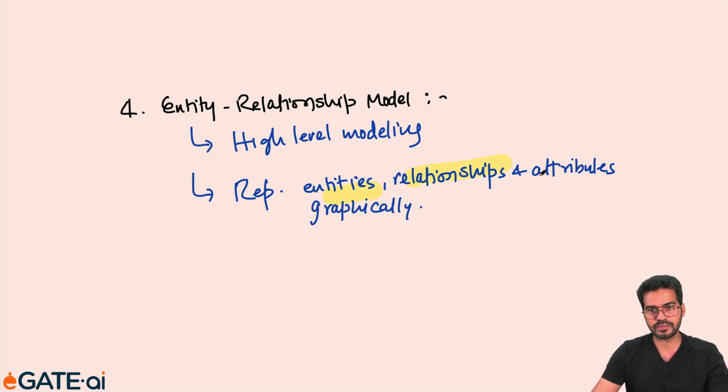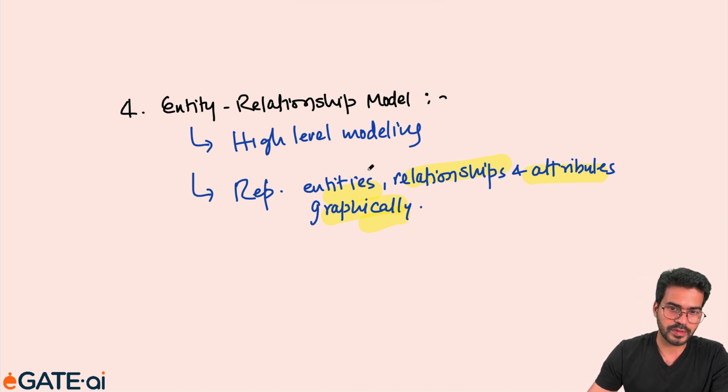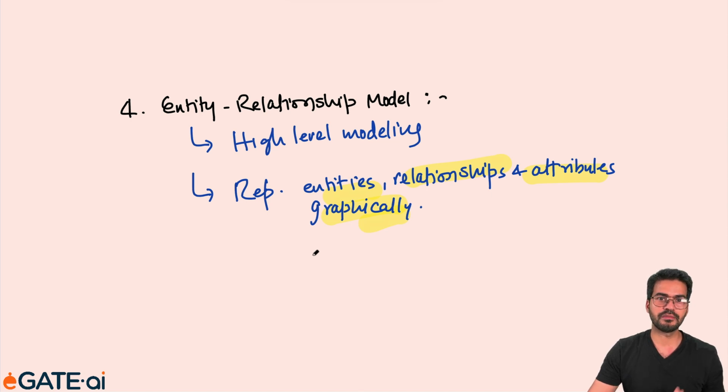Entities, relationships, and attributes are represented graphically. Eventually this is a pre-step of database design. First we discuss the requirements in the model, we mature the model, and then we design the relational database, so that we have minimal change at a later stage. This is widely used and is also a very important aspect of our course, so we will cover it in detail as well.